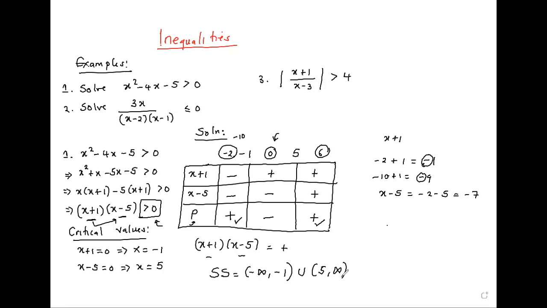If there is only greater, you don't include. If it was greater or equal to, then you include. Do we have questions here? No. Okay, cool. Let's go to question 2.